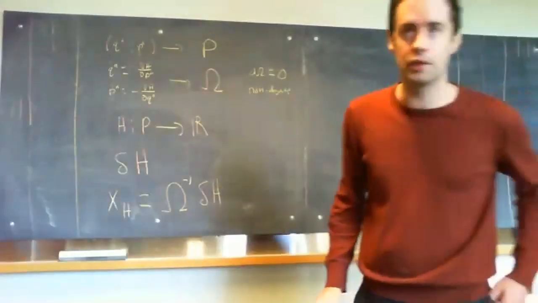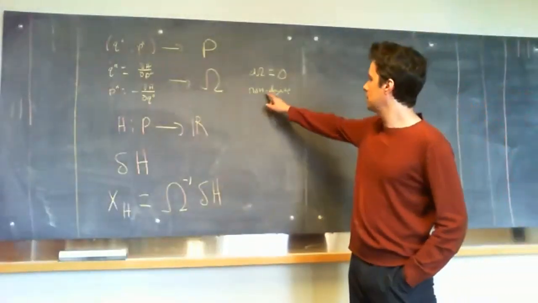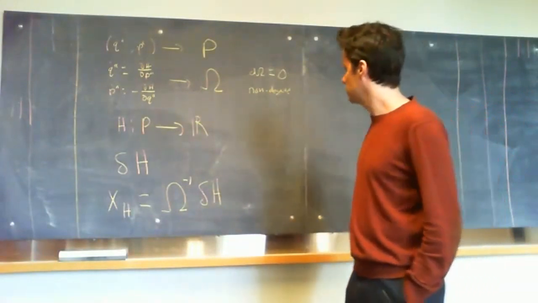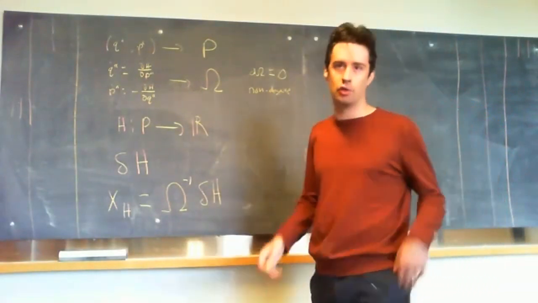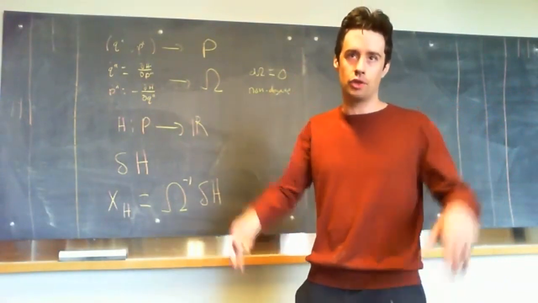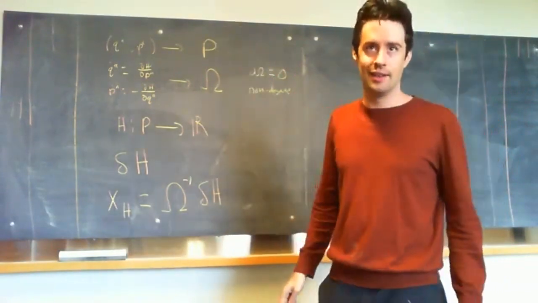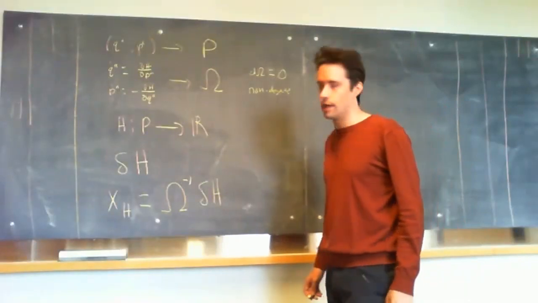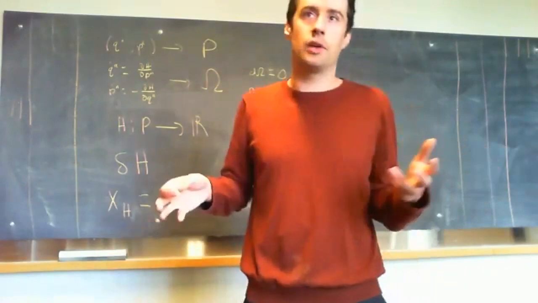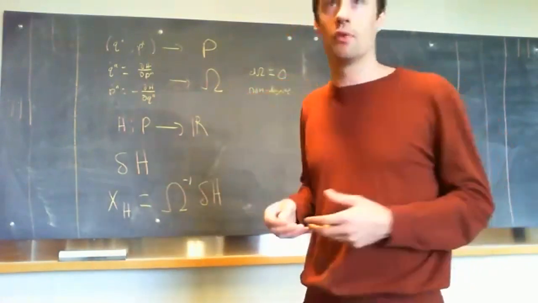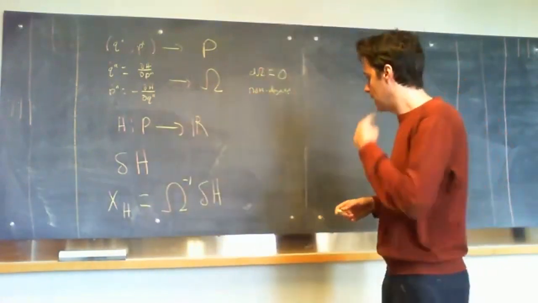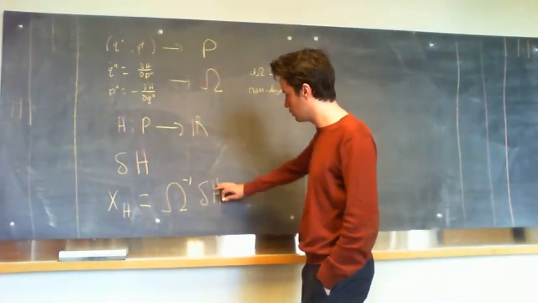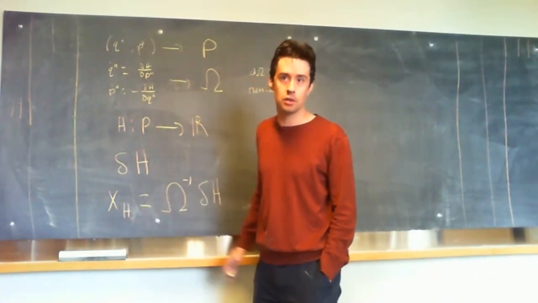So you can ask, what is this omega inverse? Well, that was where the fact that omega was non-degenerate was important. Omega is a 2-form, but since it's non-degenerate, I can turn it into a 2-vector: in whatever coordinates, I just take the inverse of omega. The inverse of omega is a 2-vector, so it's something that eats a 1-form and turns it into a vector.